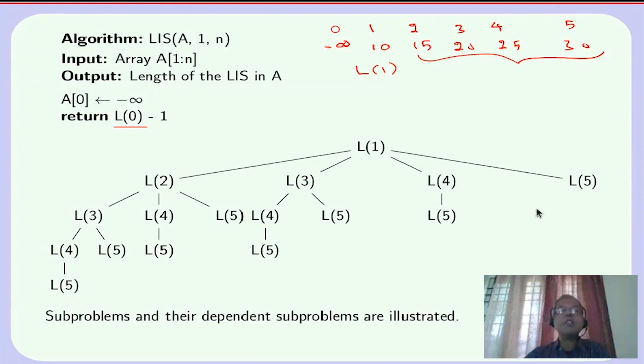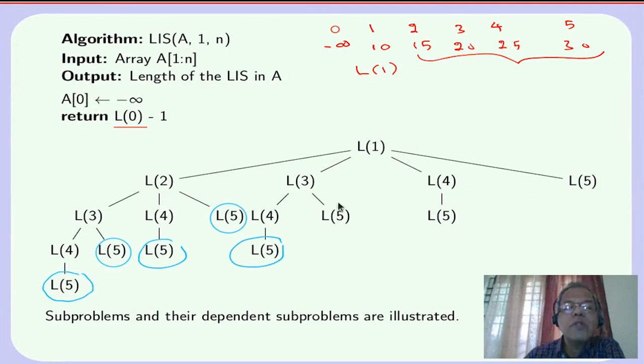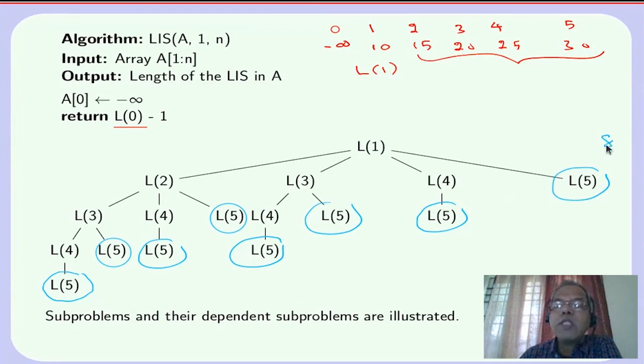It is easy to see that several subproblems are duplicated. For example, L of 5 is solved 1, 2, 3, 4, 5, 6, 7, 8 times. There is only one subproblem, but it is solved 8 times. If we consider L of 4, first time, second time, third time, fourth time.